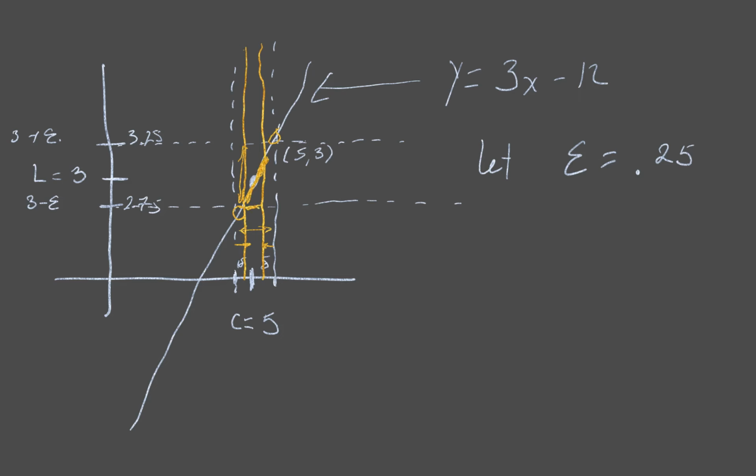Here's the delta bit of the box, 2 delta wide, 2 epsilon tall. All of the points on the graph are within that little box, right? If I go narrower, it still works, right? If I make delta smaller, it still works. My tolerance was a quarter.